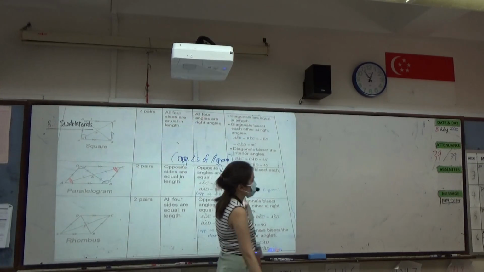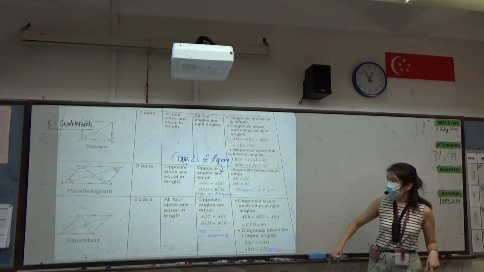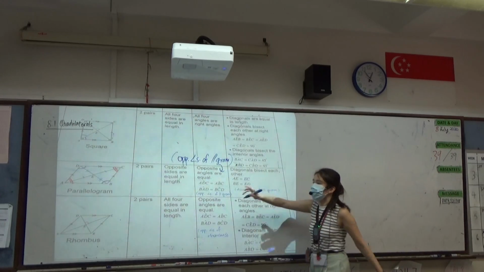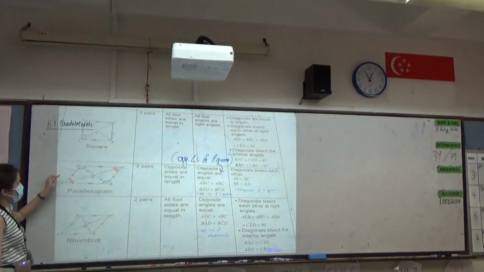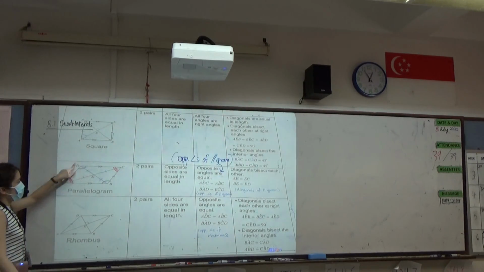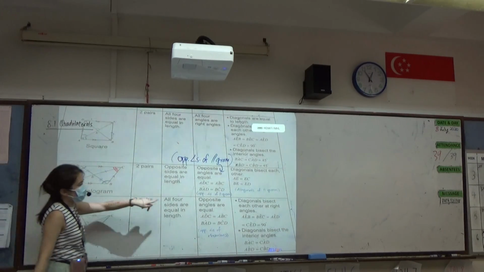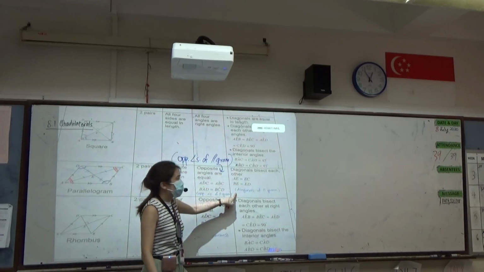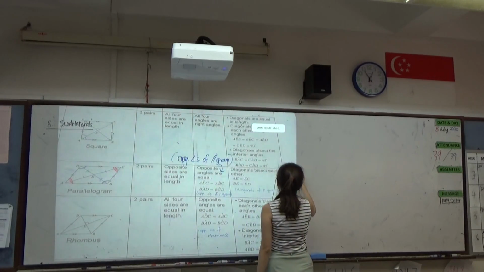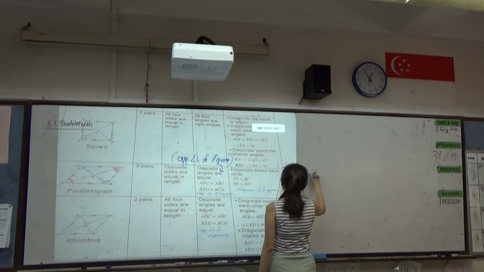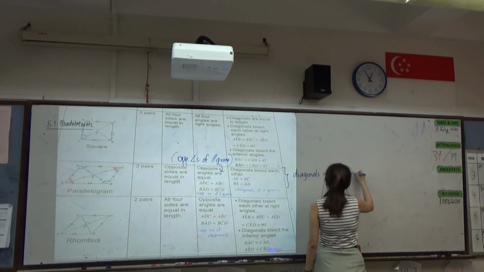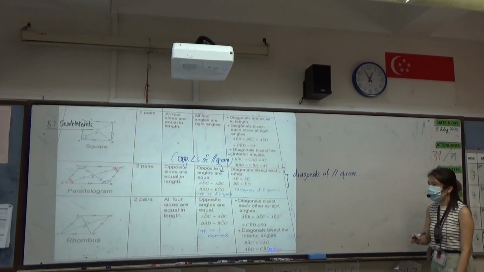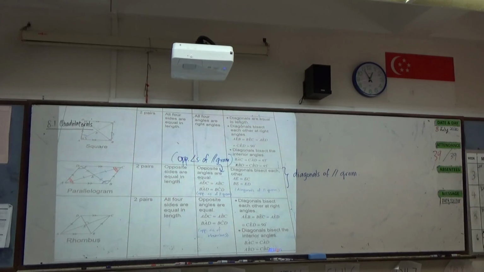Diagonals bisect each other, same as before. We got AE equals to EC and DE equals to BE. So written over here. For this, the reason will be diagonals of parallelogram. Okay, so this is for parallelogram.